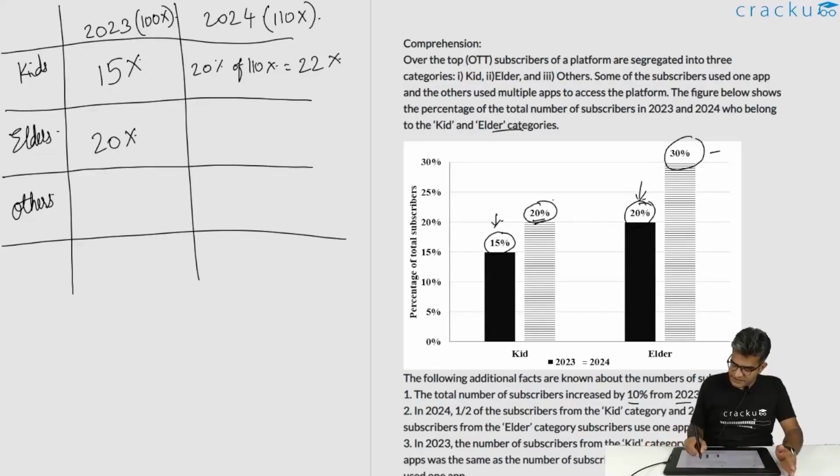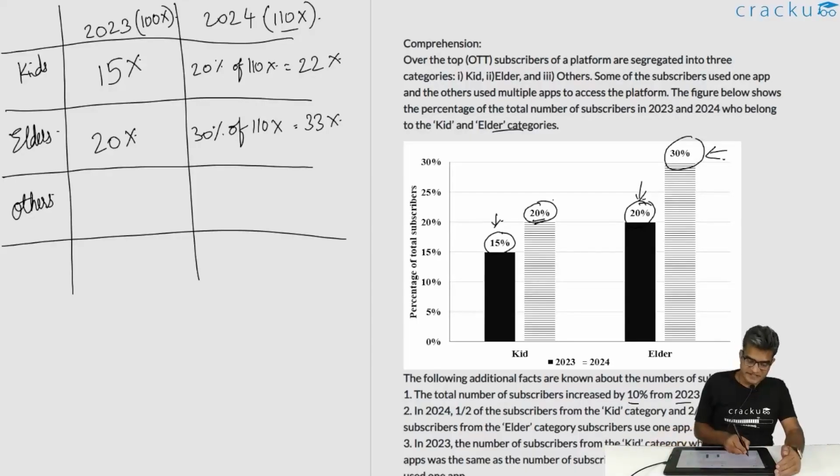And in 2024, it is 30% of total. The total is 110x, so this is 30% of 110x, which is equal to 33x. The rest is others, so others will be 65x. And in case of 2024, it will be 110x minus 33x minus 22x, which is 55x.